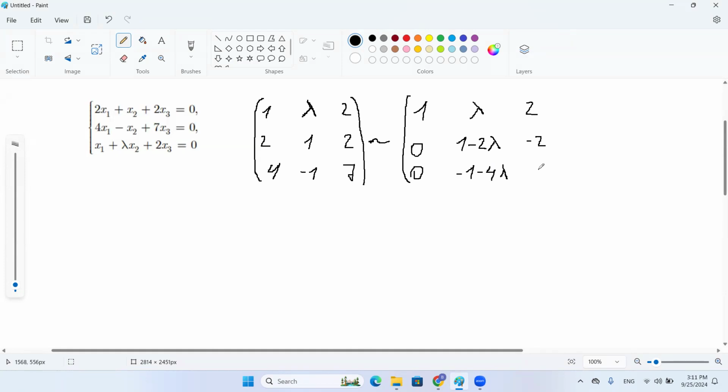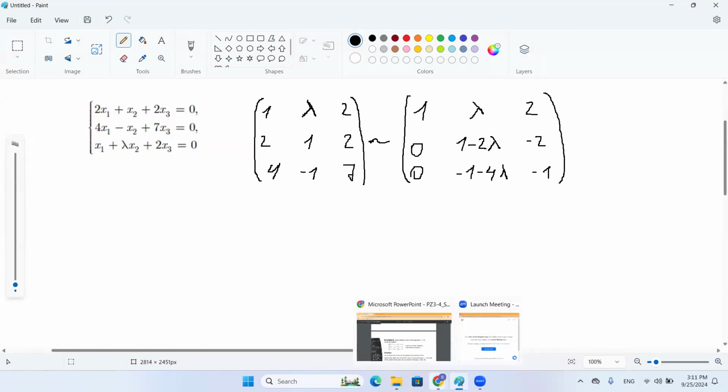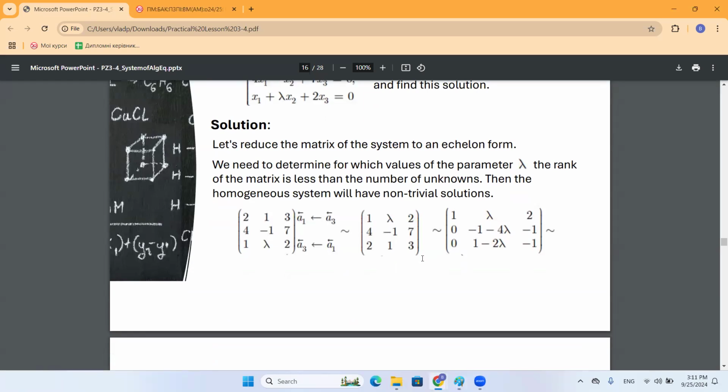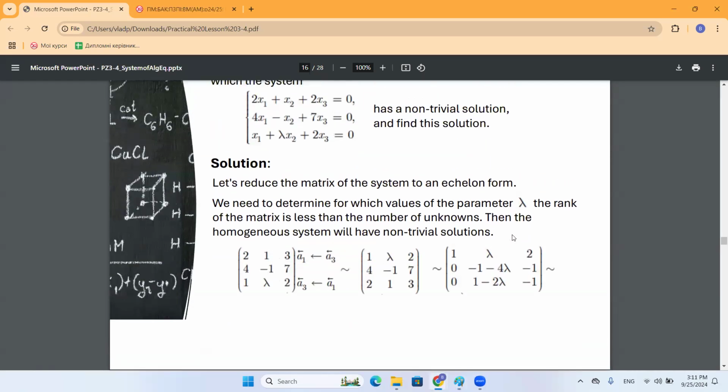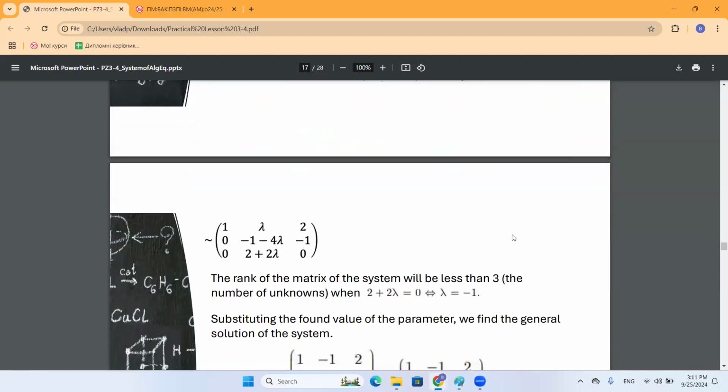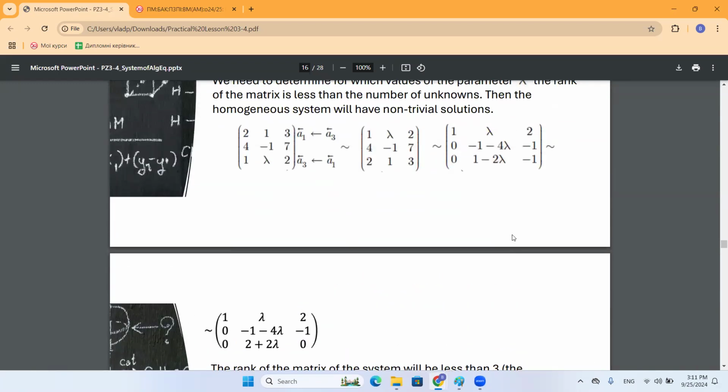And here, minus 1. Minus 1. Correct. And actually, we need to eliminate the zero here. By the way, aren't we making any mistakes? Because if I remember something, it was minus 1 minus 4 lambda. Okay, actually everything is correct.